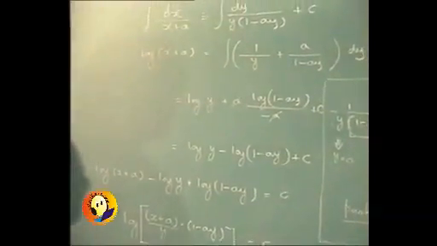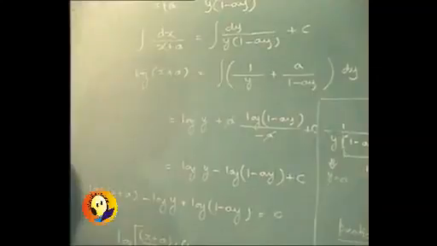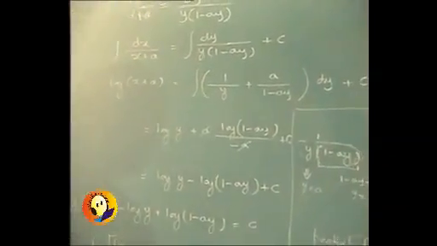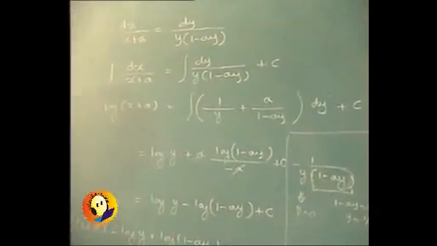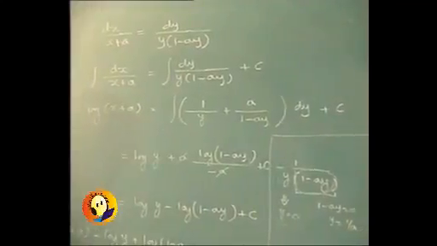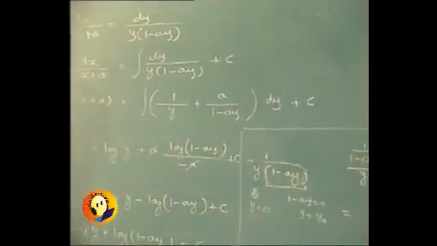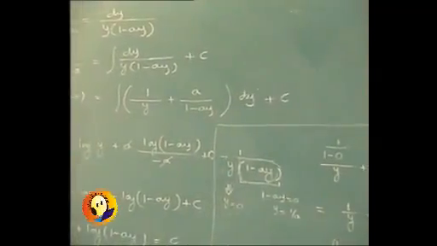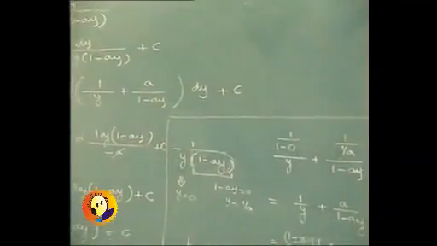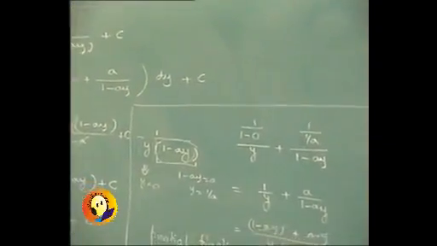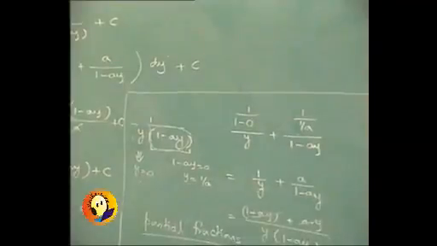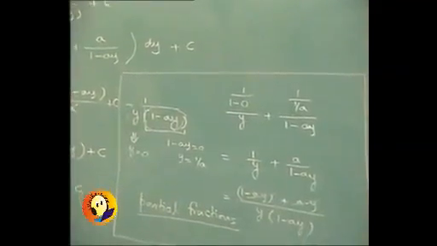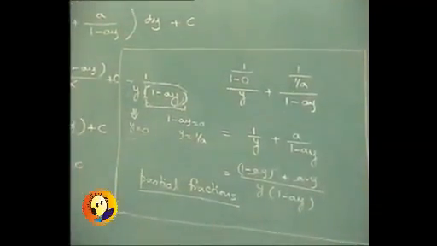Limits generally are not given, but some conditions like at x equal to 0, y has so and so value can be given to us, and it is for finding the value of constant of integration c. As we have got only one constant of integration over here, we will be requiring only one boundary condition to find out that constant c.